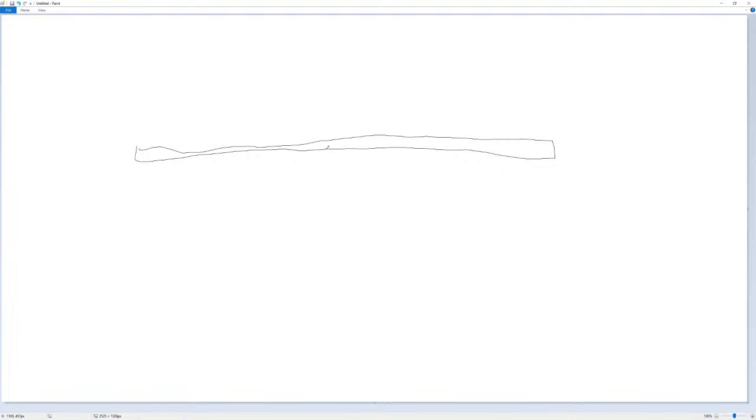Here we have a seesaw. Let's put the origin of the coordinate system here. This is the origin, and also this is the axis of the rotation.